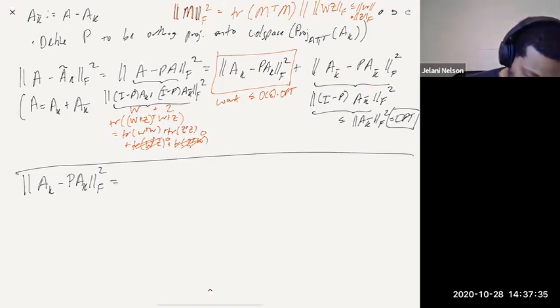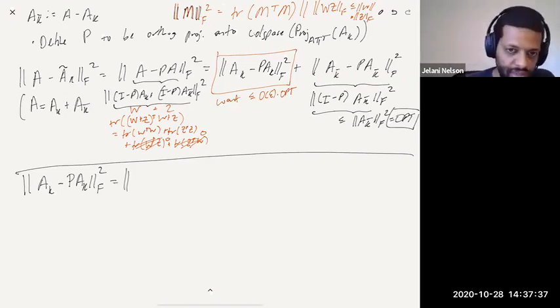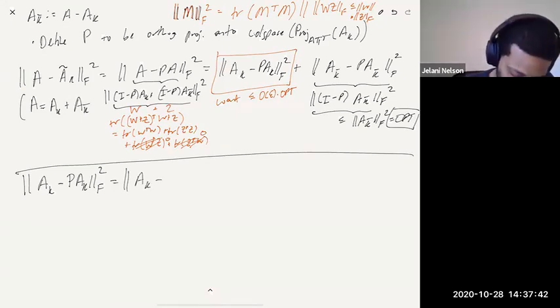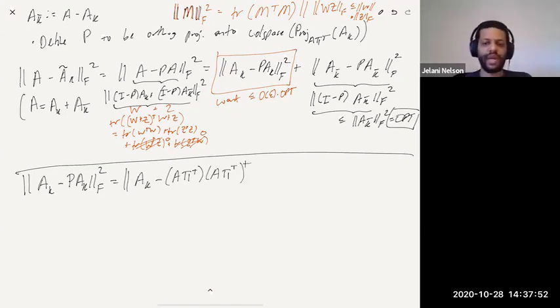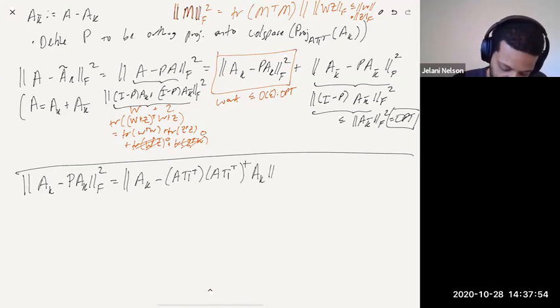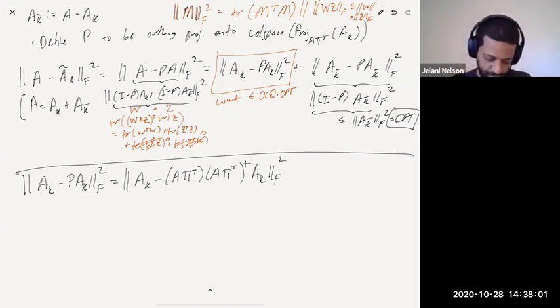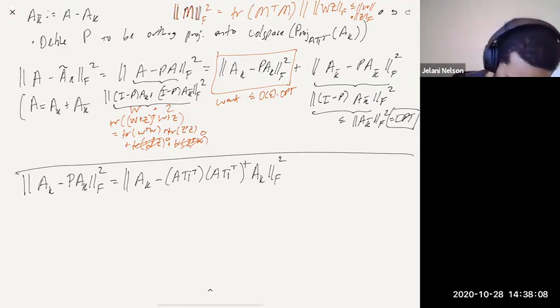Well, just expanding out what that projection is, that's equal to the Frobenius norm squared of AK minus A pi transpose pseudo inverse times AK. Right? We project it onto the column space of A pi transpose. And then let me take transposes on both sides, I mean the transpose of the whole thing.